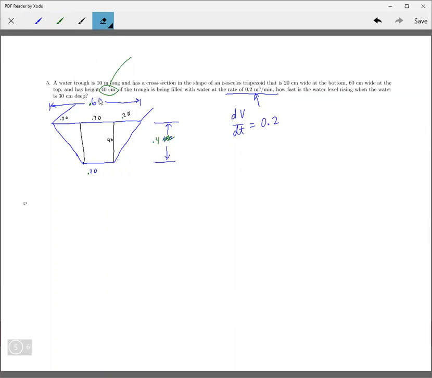Okay, so I'll get rid of these zeros because that looked kind of weird. So dV/dt is 0.2.